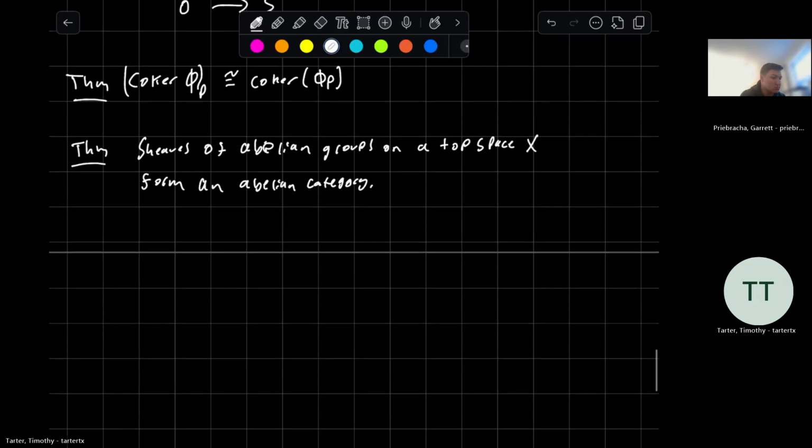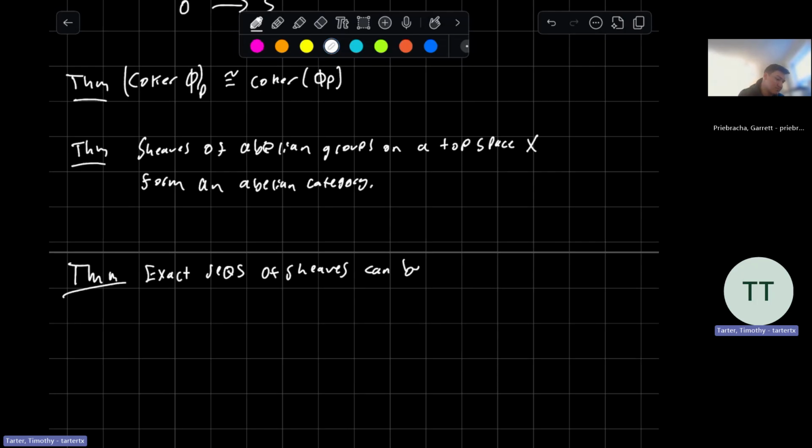So theorem: exact sequences of sheaves can be checked at stalks.